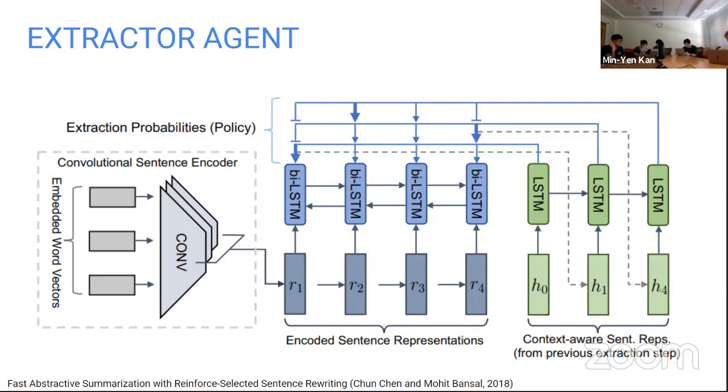I don't think that really answers your question, though. Anyway, okay. There are two parts of this. One is you're trying to extract the sentence, but then after extracting, you have to abstract the sentence. This is the post-editing part.